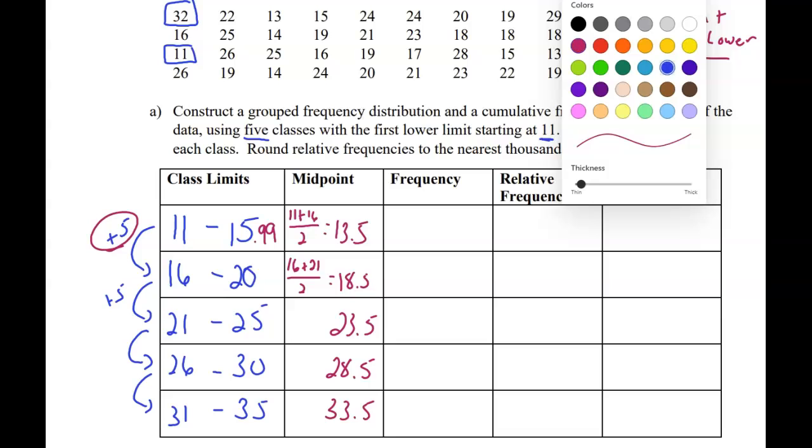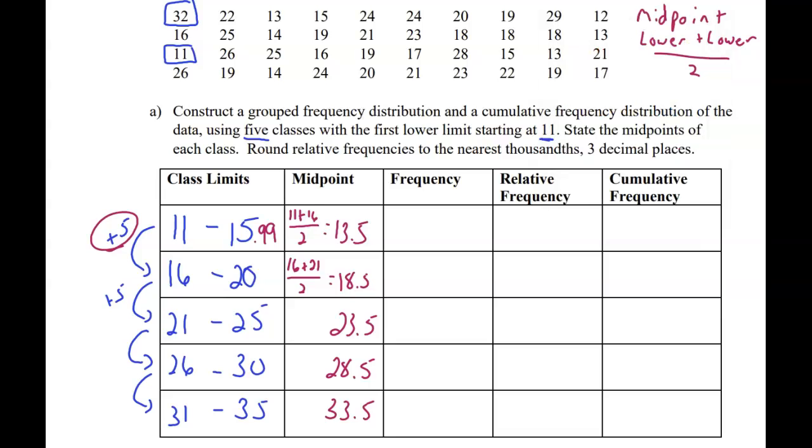Now your frequency, you're literally going to go through here and count up how many values in this data set are between 11 and 15. How many data values are between 16 and 20, and so forth. So I recommend that you pause the video and count those up, and then restart it to see if you get the same numbers that I did.